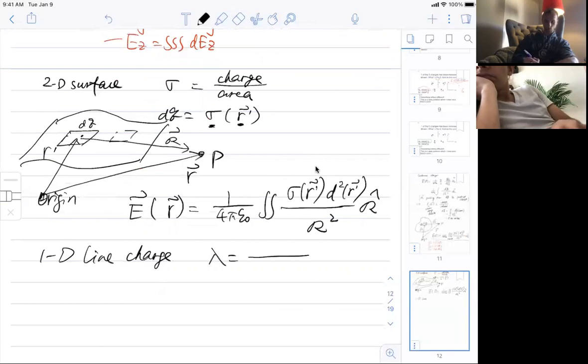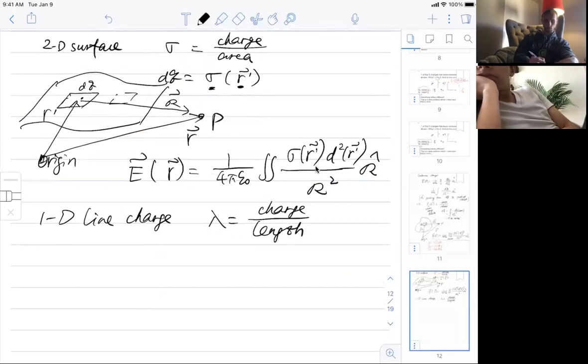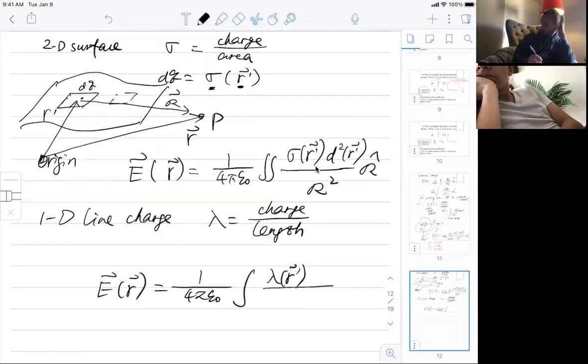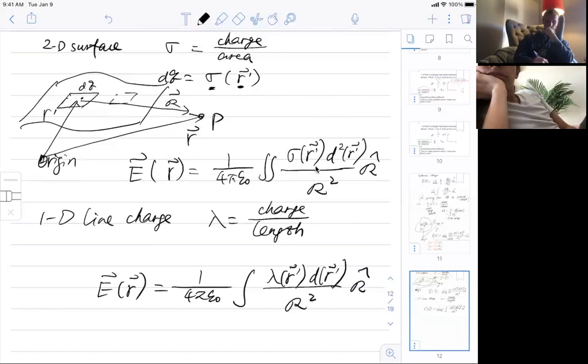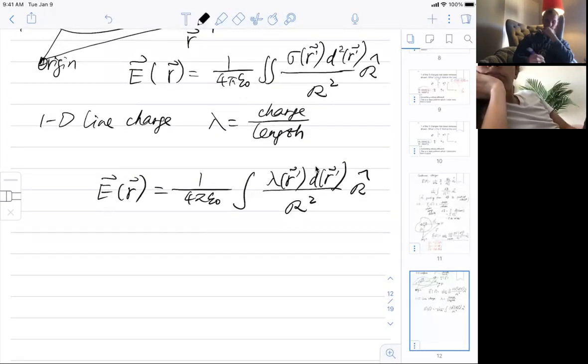Line density is charge over length. So it's just integrating over a line, lambda, simply a d length, over script R squared. So these are our three different situations. The questions that you might encounter are always going to be either a line, a surface, or a volume.